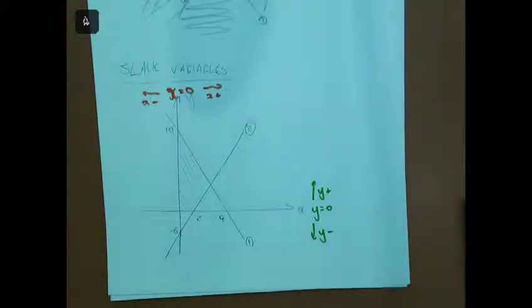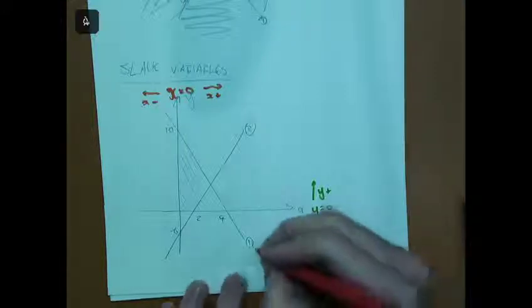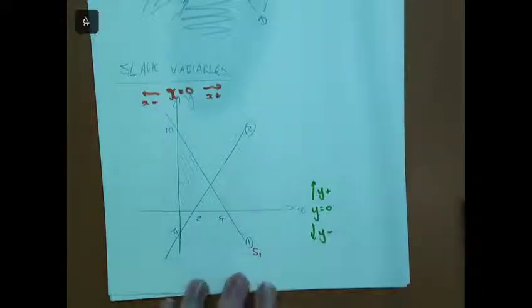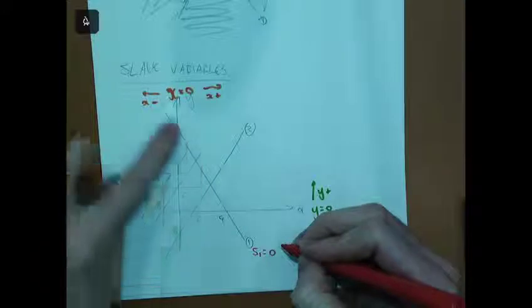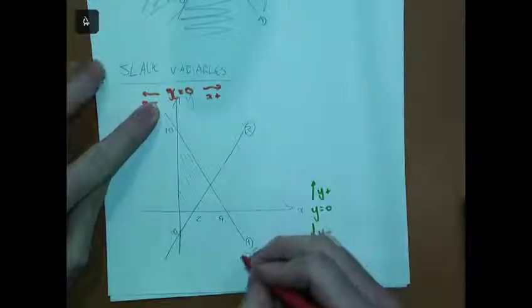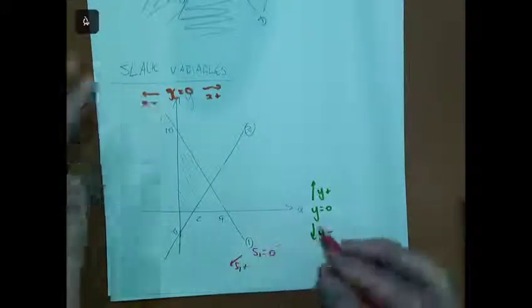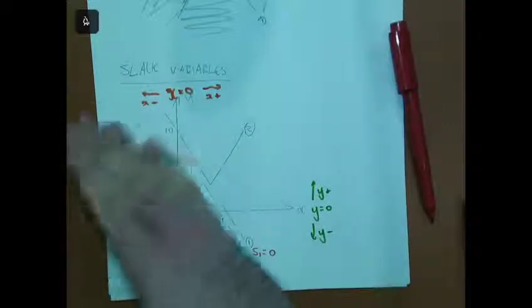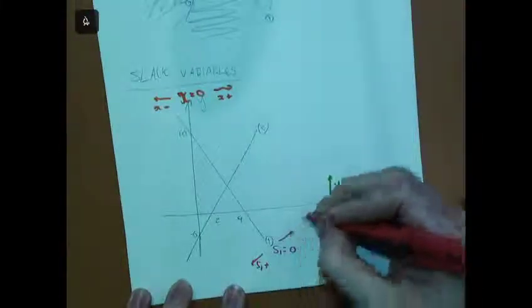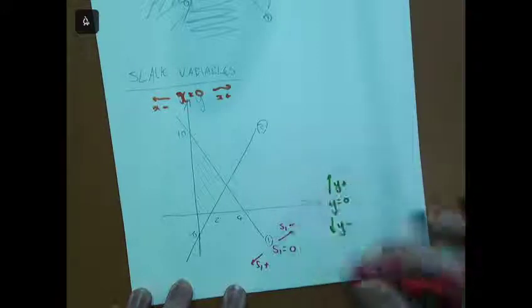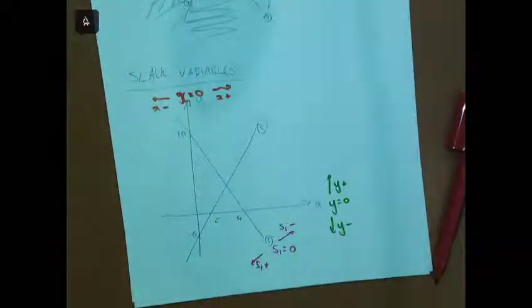I'm going to get another variable which will tell me whether I'm on line number 1. And I will call it slack variable number 1. Slack variable number 1 will be 0 when I'm on line number 1. It will be positive when I'm on the correct side of the line for where my set is, and it will be negative when I'm on the wrong side of the line for where my set is.